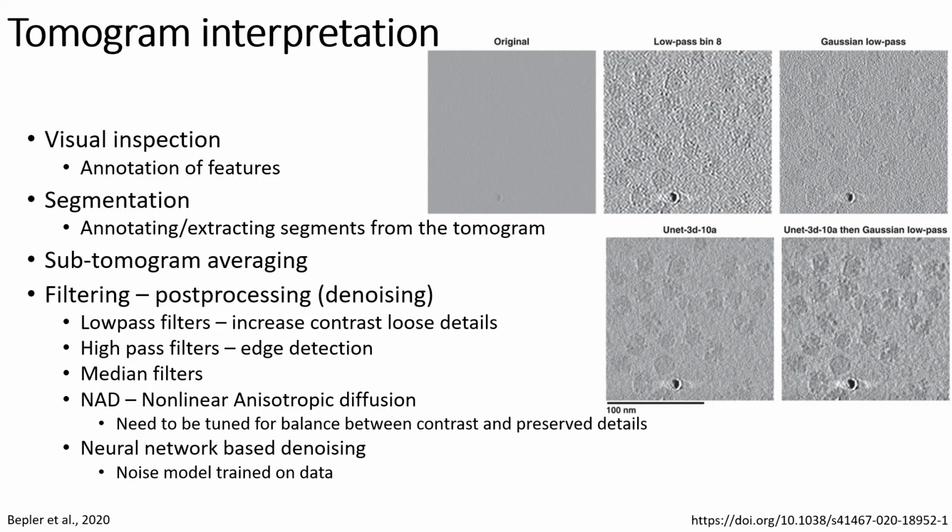When you have these nicely visualized or post-processed tomograms, you can go with visual inspection of what is located where, or some localizations, or you can segment your tomogram by annotating and extracting segments of the points of interest. Usually on unfiltered tomograms, you can also perform sub-tomogram averaging to get high resolution structures out of the tomogram.